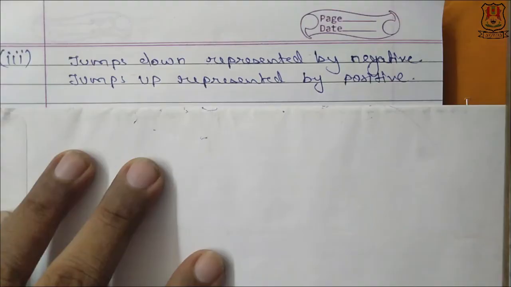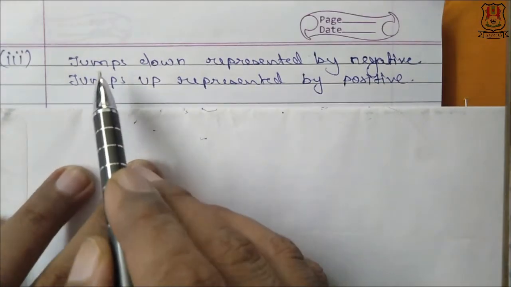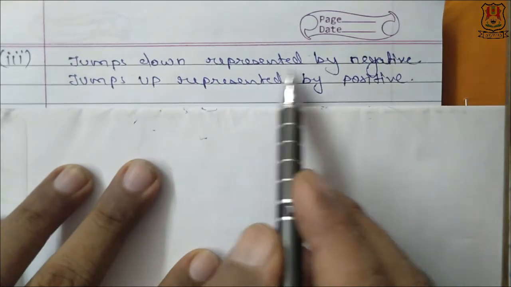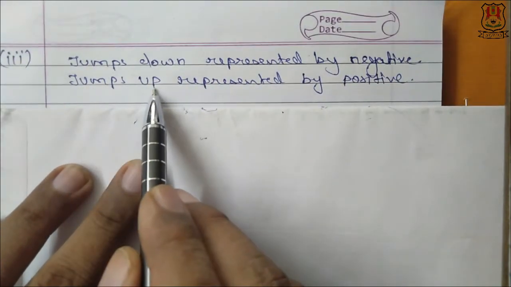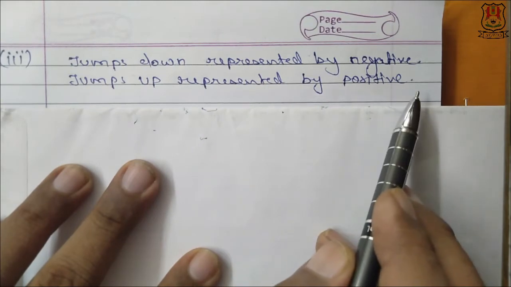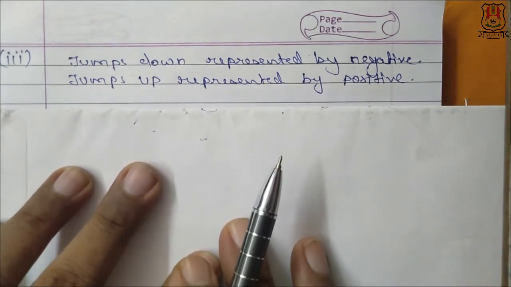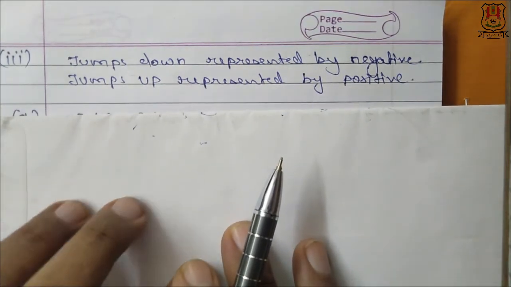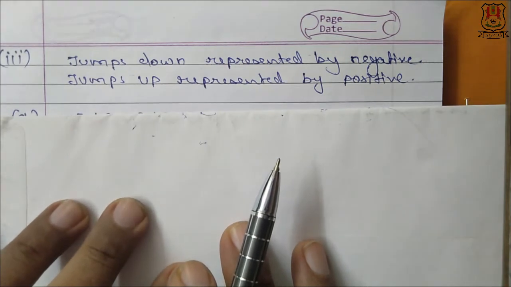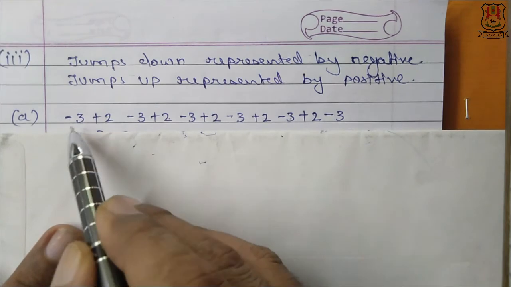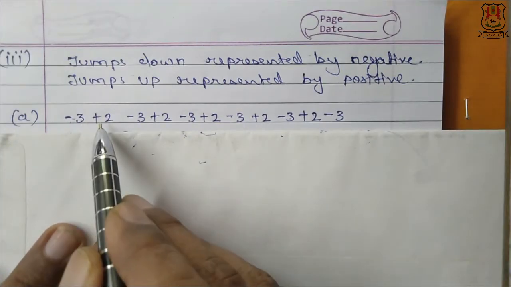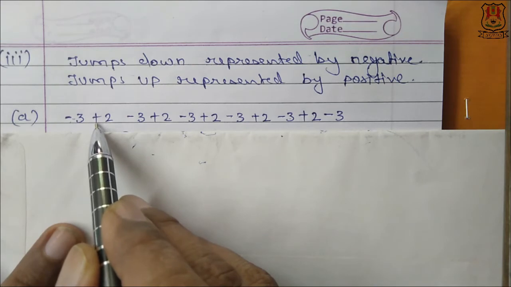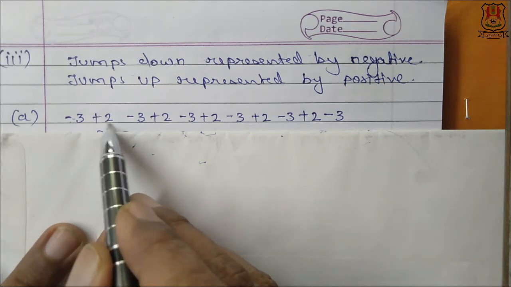As the question says, a jump down is represented by the negative integer and a jump up is represented by the positive integer. In the first question he was jumping 3 steps down and 2 steps upwards. So 3 steps down is -3, and 2 steps up is +2.